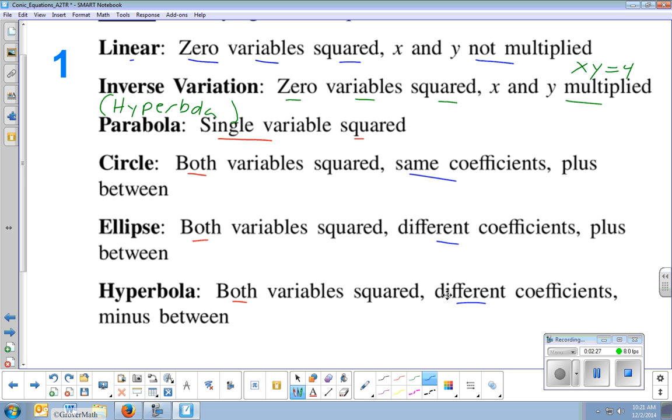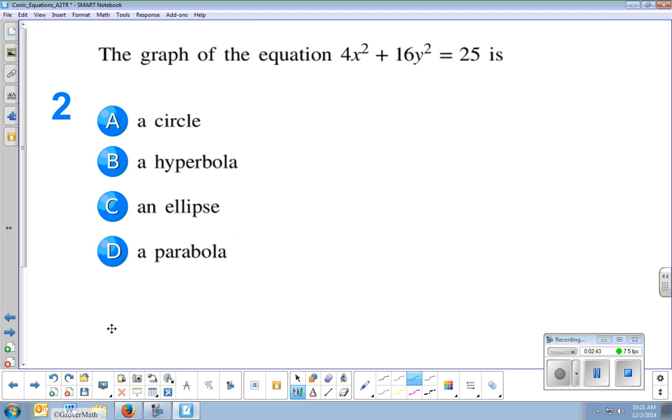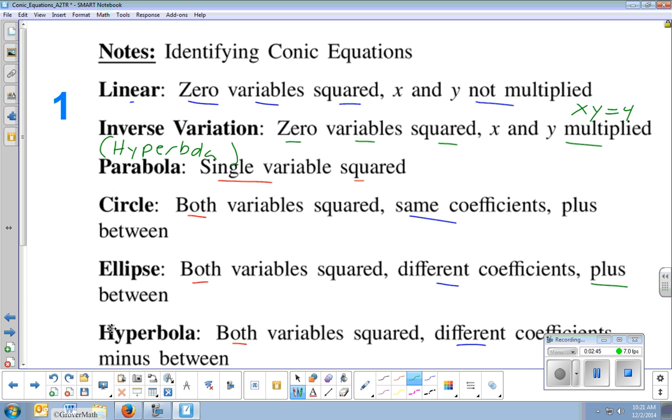The key between these is that the ellipse has a plus between them, and the hyperbola has a minus between them. So you're really going to have to just take a look at each problem and then, at least in the beginning, go back to this list and think about it. But after a while, I think you'll probably remember these rules.